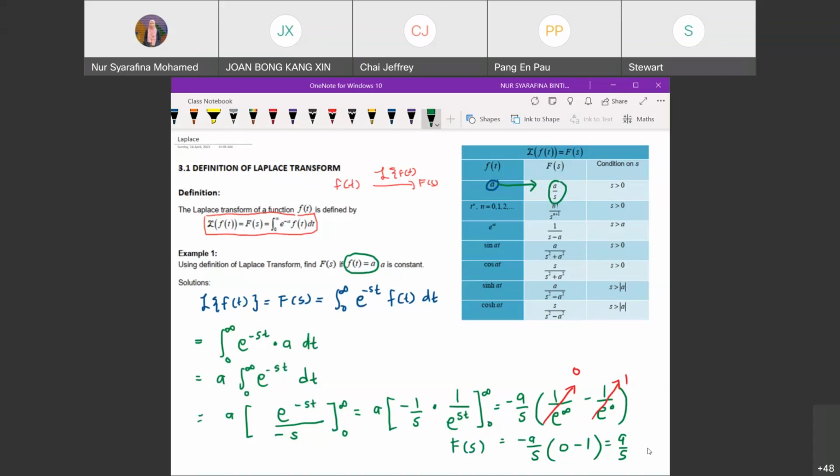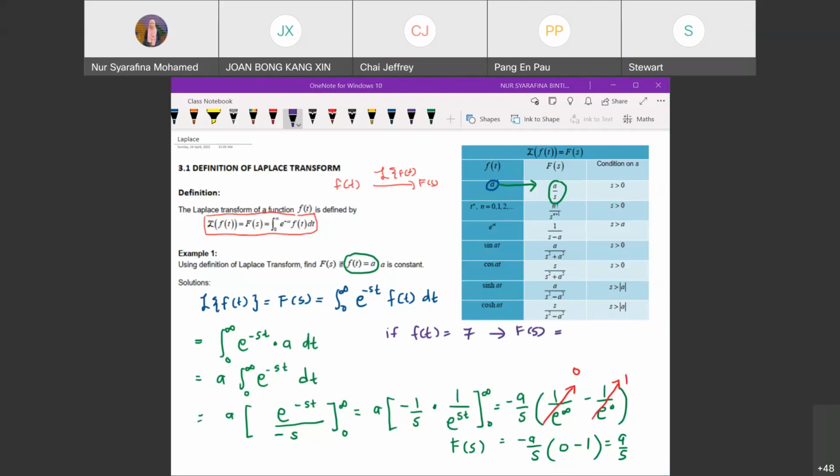Is that clear? Okay, so a is a constant. Then for another example, if f(t) equals 7, then F(s) equals what? Anyone?